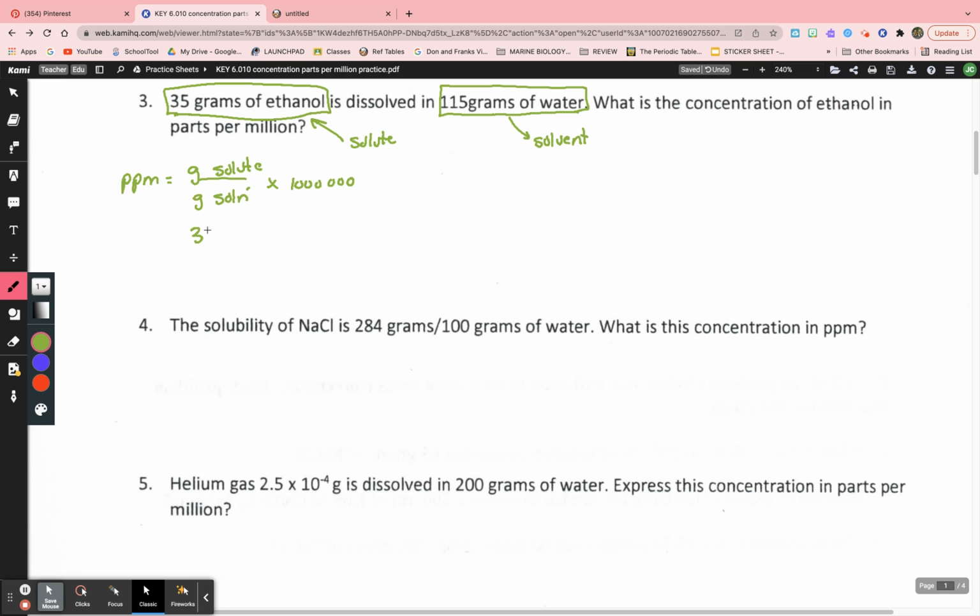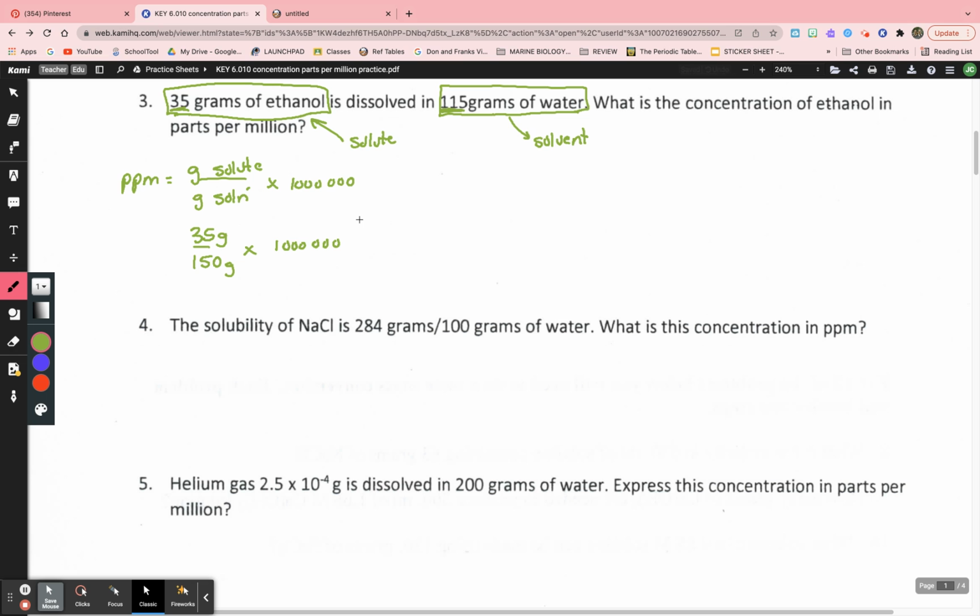Okay, we have 35 grams of solute. Let's see, we have 115 plus 35, 150 grams of solution. I added these two numbers up, times a million. Make sure you have 6 zeros on your calculator.